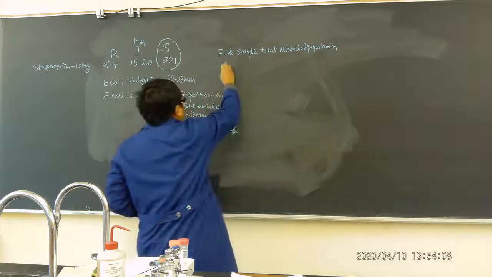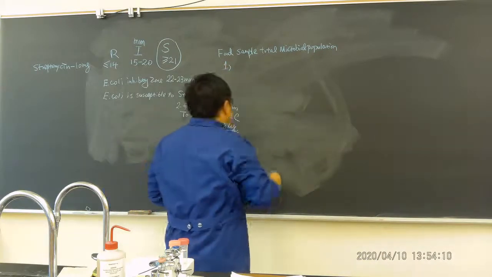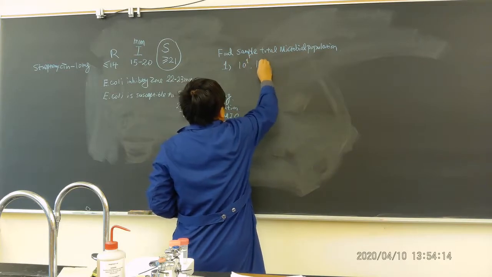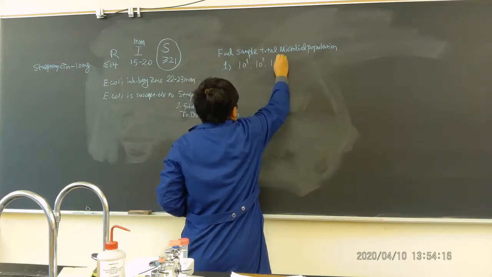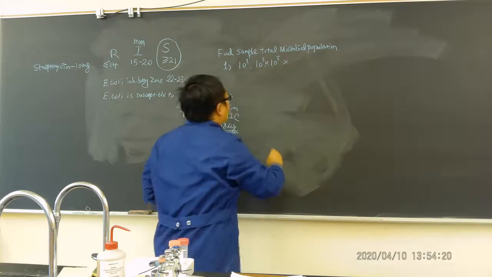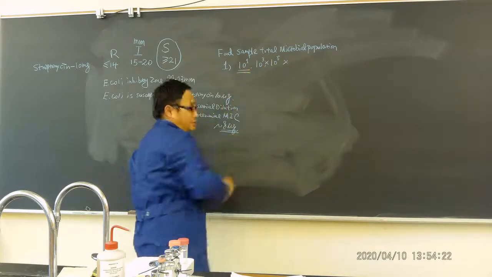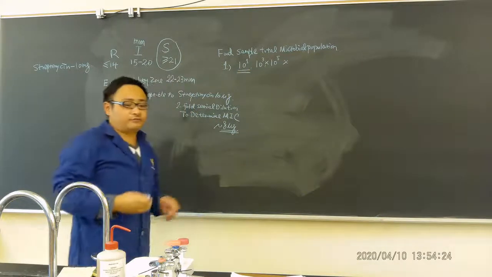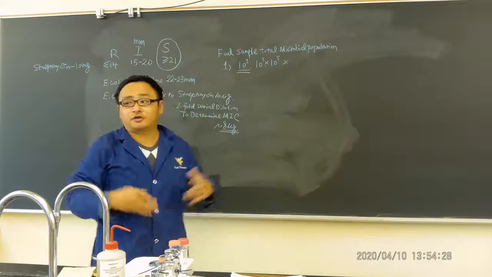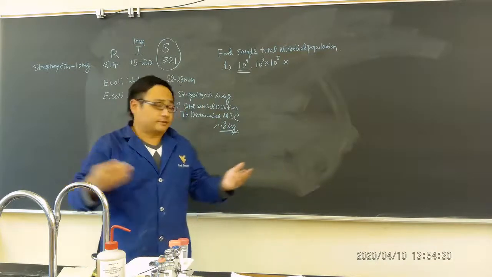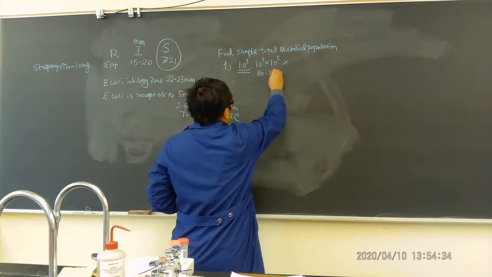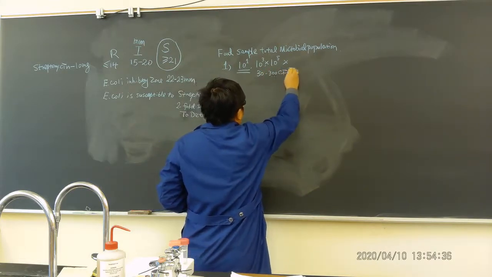Okay, so the steps of how we do it: the first thing, very normally, you have 10 to the minus 1, 10 to the minus 3, 10 to the minus 5. I'd better say you may not find anything growing here, not anything growing here. You may find something growing there. Is that right? Very obviously, you should have something growing there. Now, at this moment, you have to count. The acceptable zone is 30 to 300 CFU.